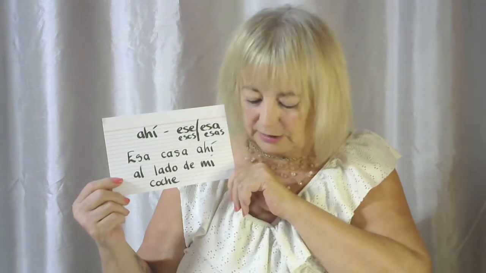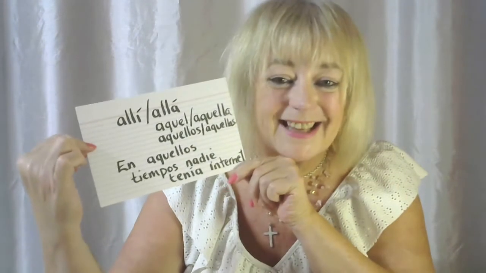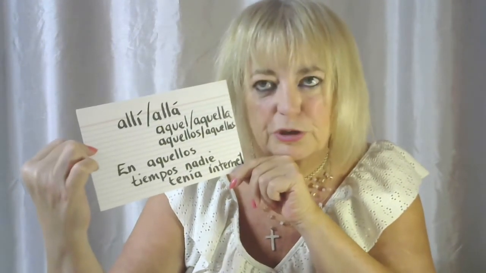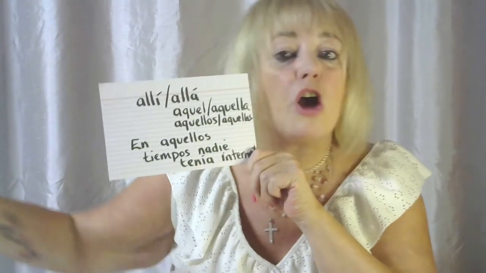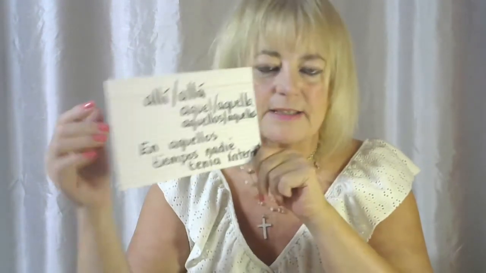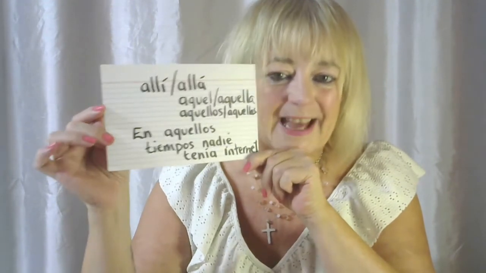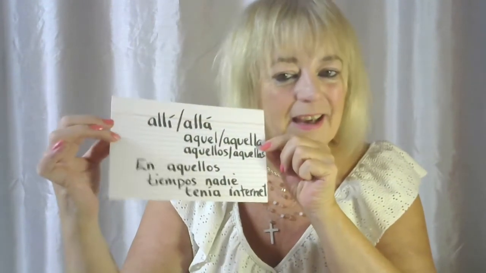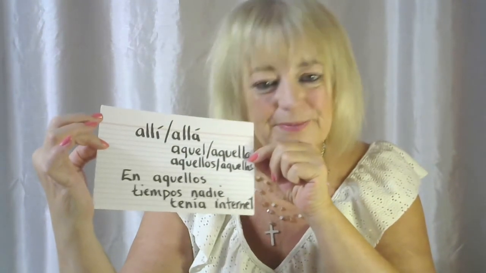And then for the further distance away in Spanish, they have a separate word. We don't have a separate word in English. We say that car and that car over there. We still use that. But in Spanish they do. So we have aquel, aquella, aquellos, aquellas. Again, masculine, feminine, singular, plural.